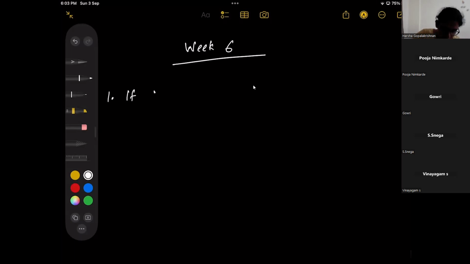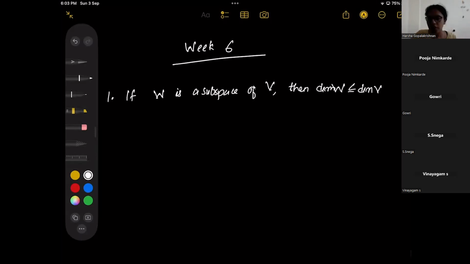If W is a subspace of V, then dimension of W is less than or equal to dimension of V. So this is one of the basic results.